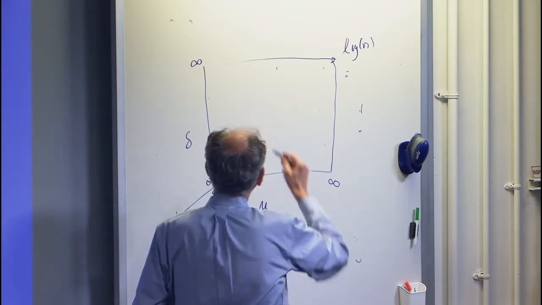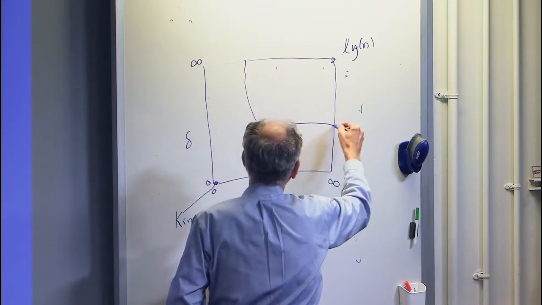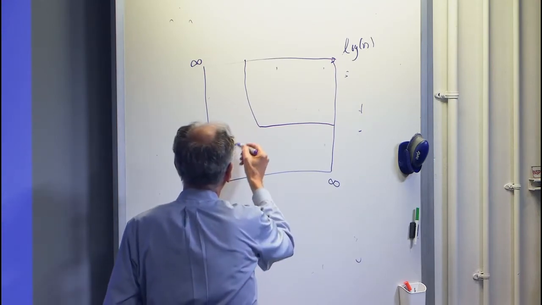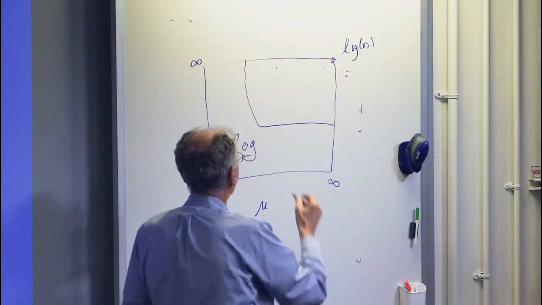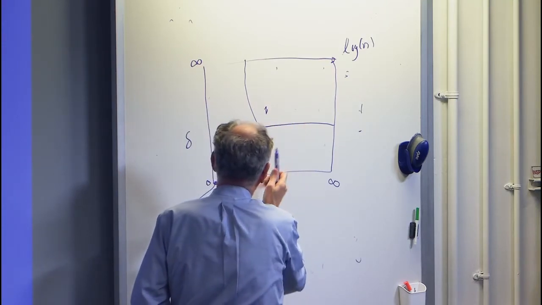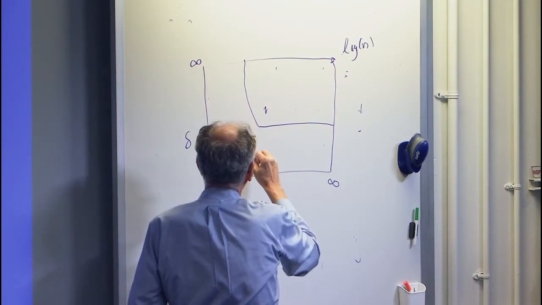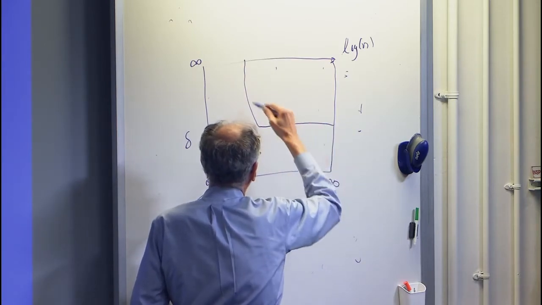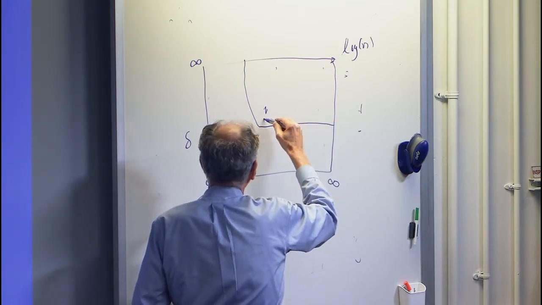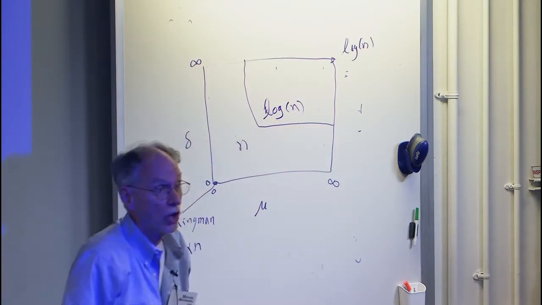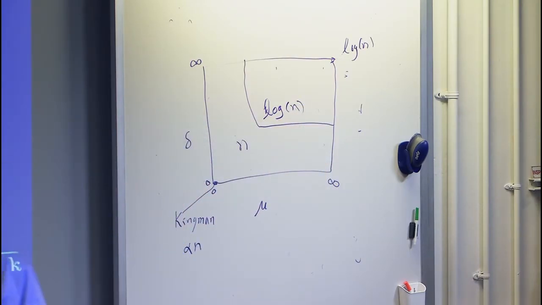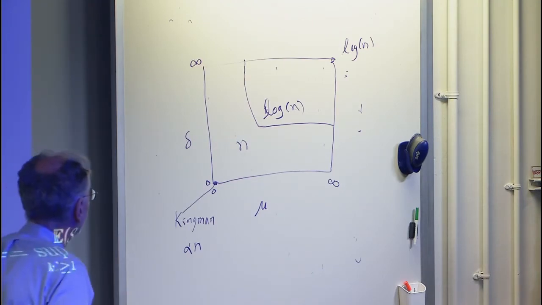What turned out from a simulation was that it was proportional n, up to a 0 thickness, a genuine line, and then proportional to log n in the rest. Sharp phase transition between these results.